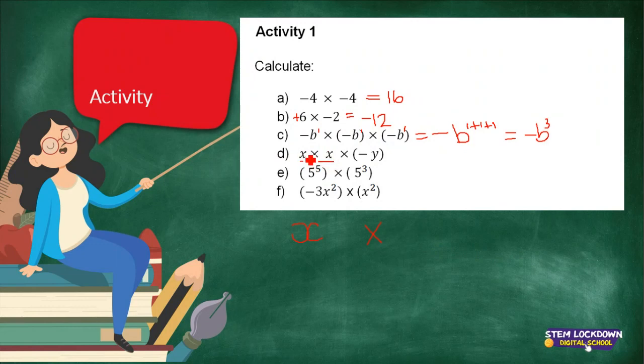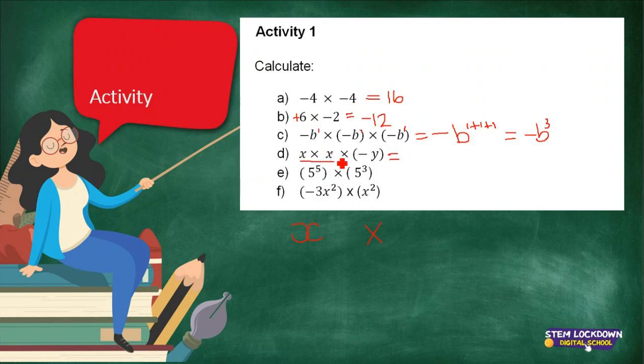So let's do it separately. When you're multiplying different variables, multiply the same variables together. You have x times x, and the answer will be positive here. Even though I don't write the positive, there is a positive.